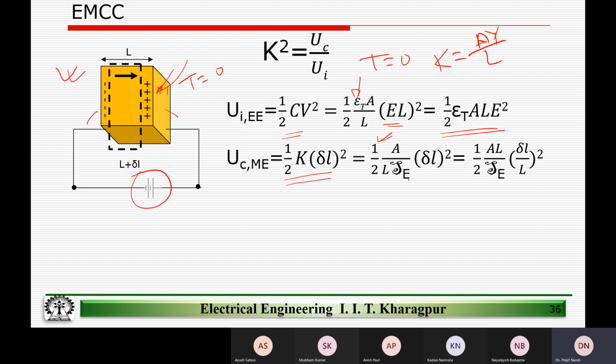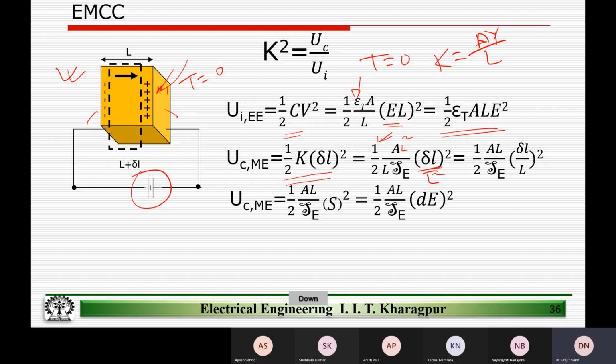So it is S^E and delta L. I'm just rewriting this equation: I multiply the numerator by L square and the denominator also by L square, and I can do this mathematical jugglery to put it in this form. And then delta L by L is nothing but strain, as we know, right? So this we can write as half AL by compliance multiplied by the strain square.